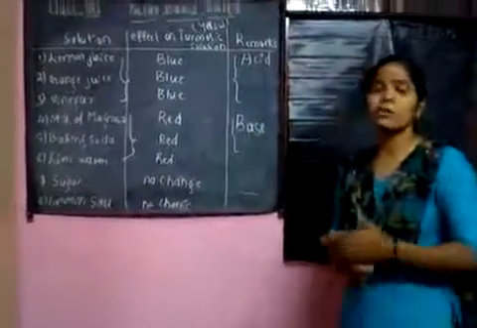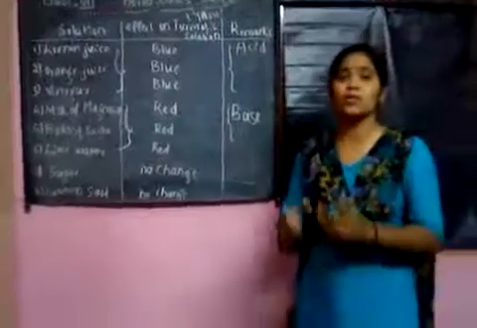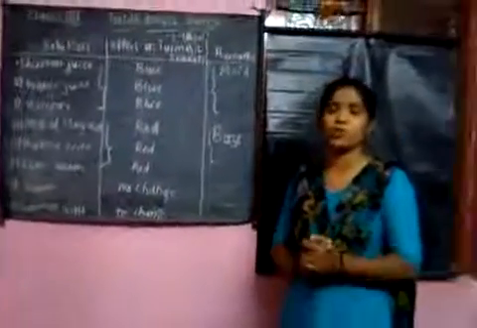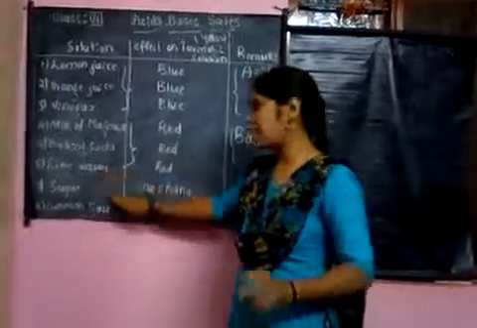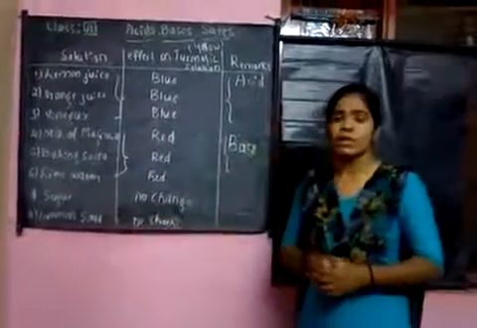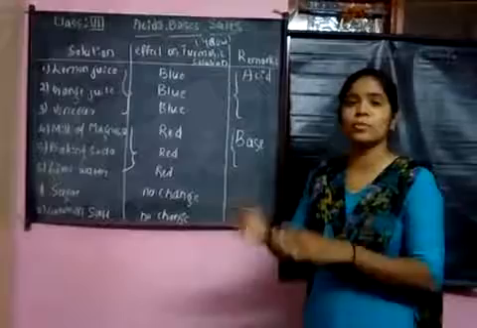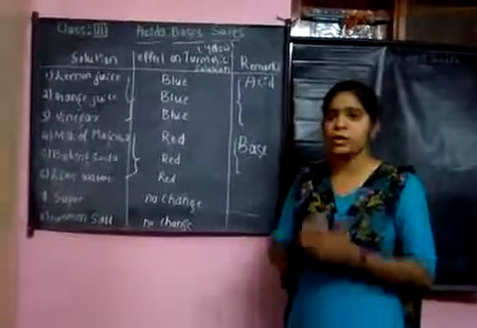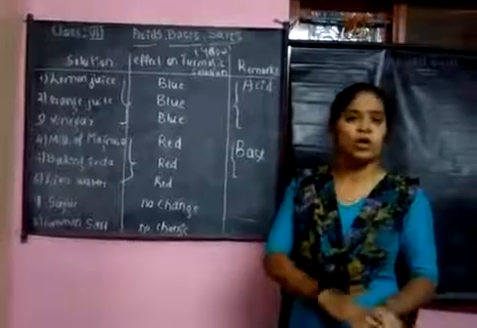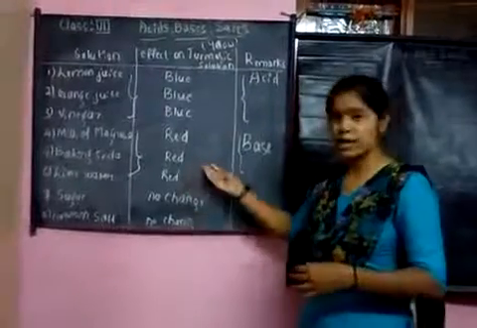So there are some solutions which are neutral in condition. Examples for neutral solutions are sugar solution and common salt solution. They are neither acidic nor basic. So what happens to the turmeric solution? It does not change to blue or to red.